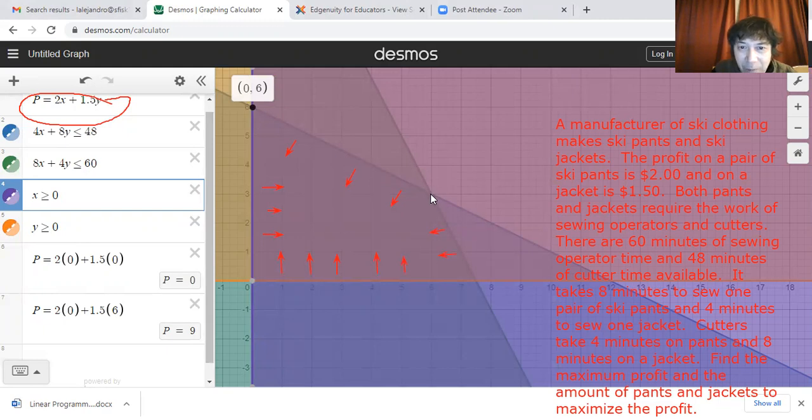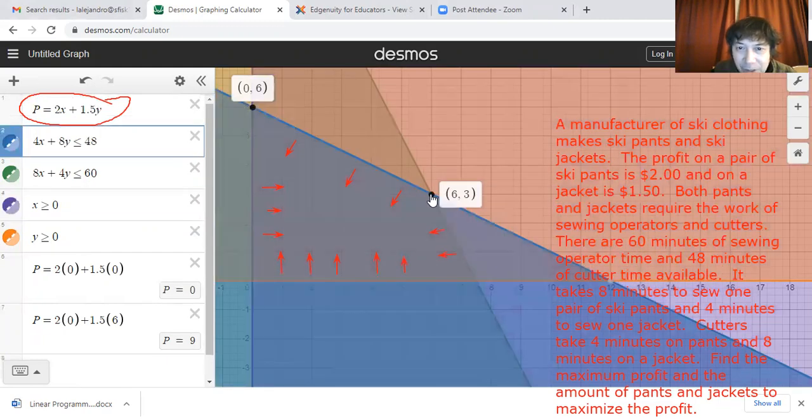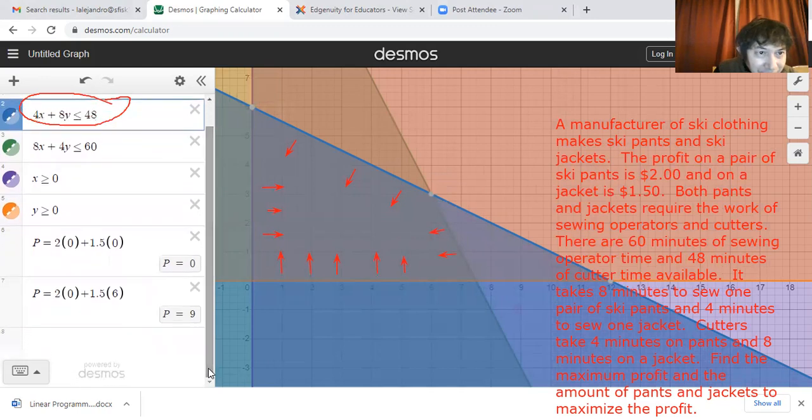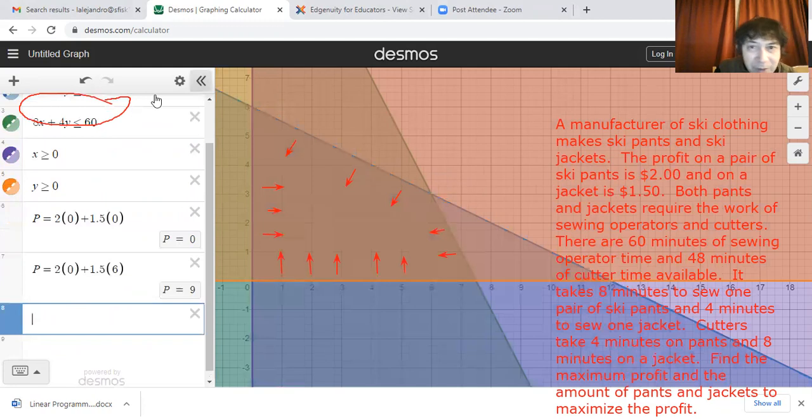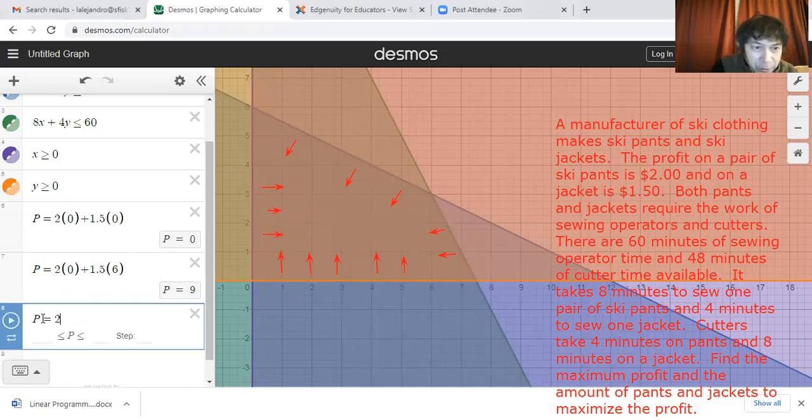How about this one? This is 6, 3. Let's remove this red mark here, because it doesn't encircle the profit statement anymore. So P is equal to 2x.